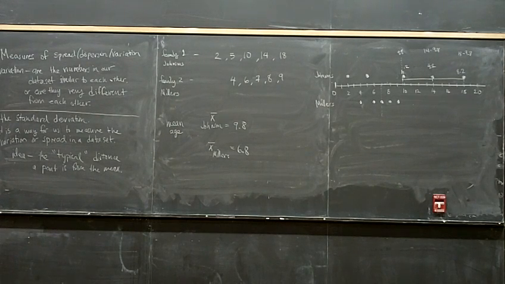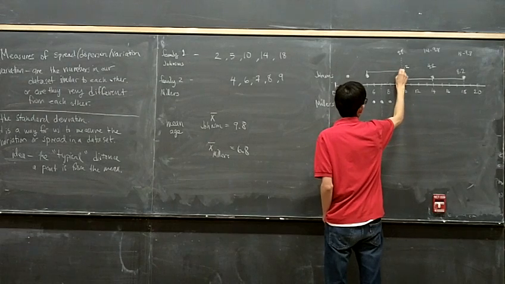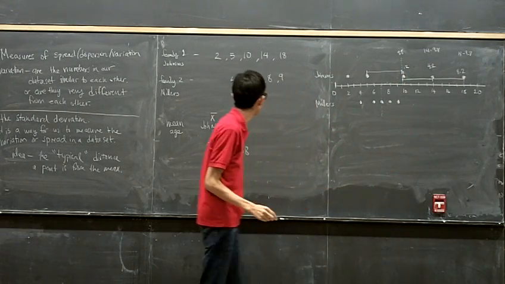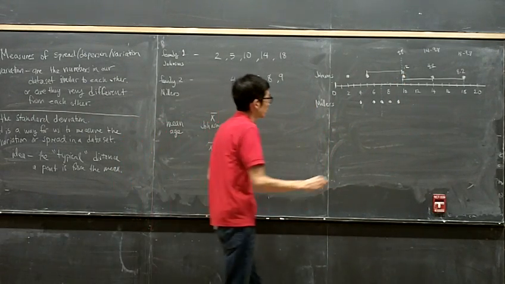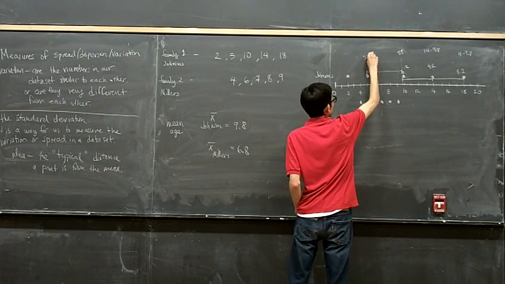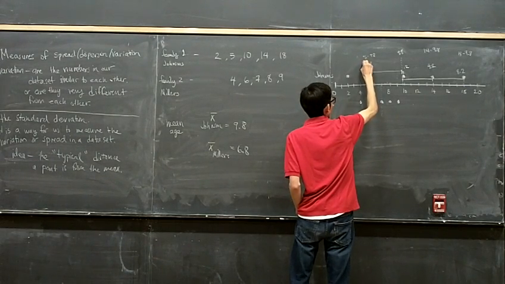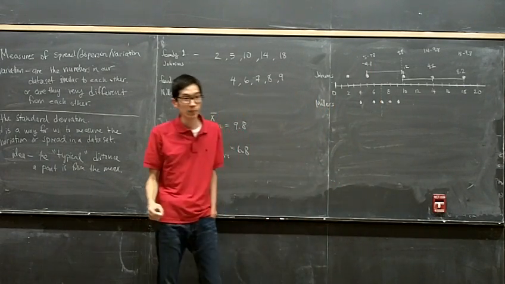Is that okay with everyone? All right, and how far is this child away from average? I do 5 minus 9.8, and this one is 4.8 years lower than average.